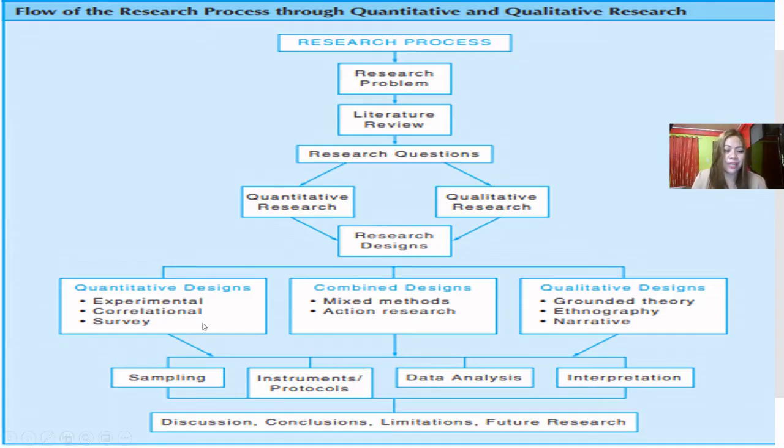These now differ in terms of sampling, instruments, data analysis, interpretation, and discussion, conclusions, limitations, and future research. So these are elements that we have to consider in order for us to decide on how we can best direct our study to fulfill the purpose of conducting the research.